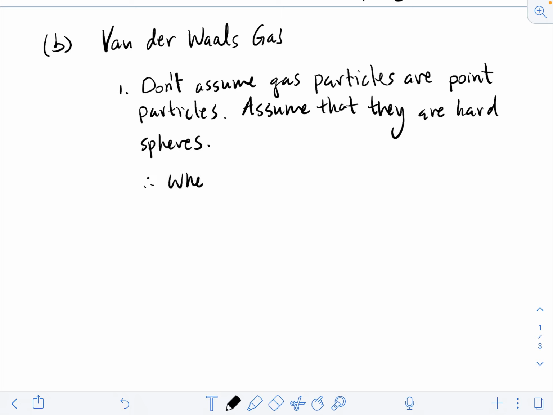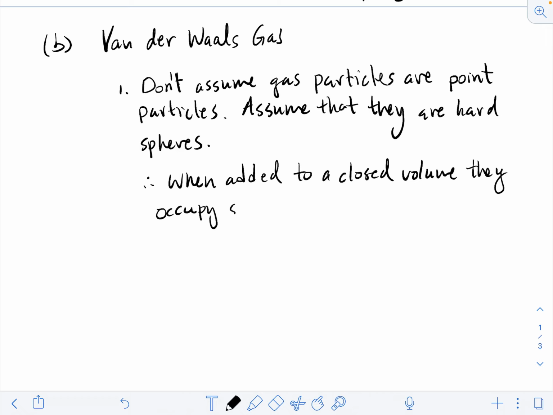Okay, so therefore, when they're added to some container with some volume V, they occupy some of that volume. So when they're added to a closed volume, these gas particles occupy some space.